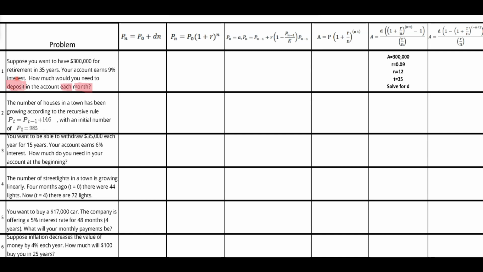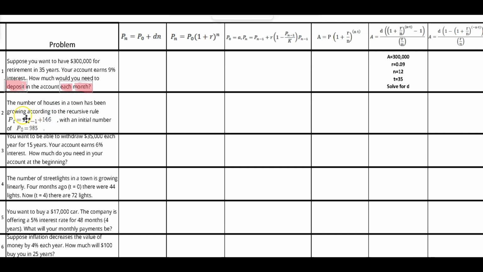Excellent. Next question. The number of houses in a town has been growing according to the recursive rule. P sub T equals P sub T minus 1 plus 146. And P sub 0 equals 985. So this is a growth model. There's no money involved. There's no interest rate involved.